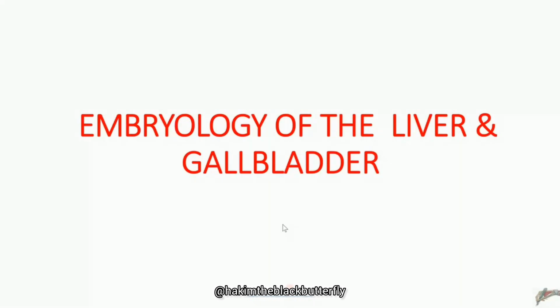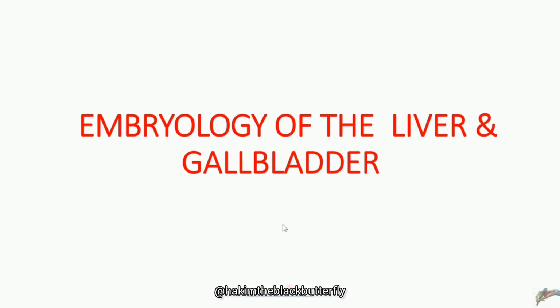So at week 5 and 6, there is formation of a diverticulum that is known as the hepatic diverticulum, which grows and divides into two parts. These parts will be the liver bud and the biliary bud.